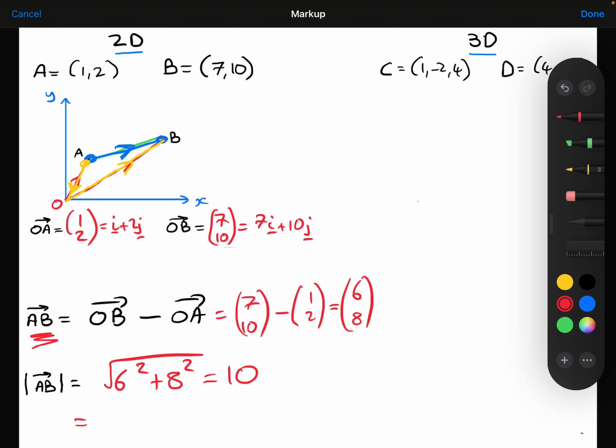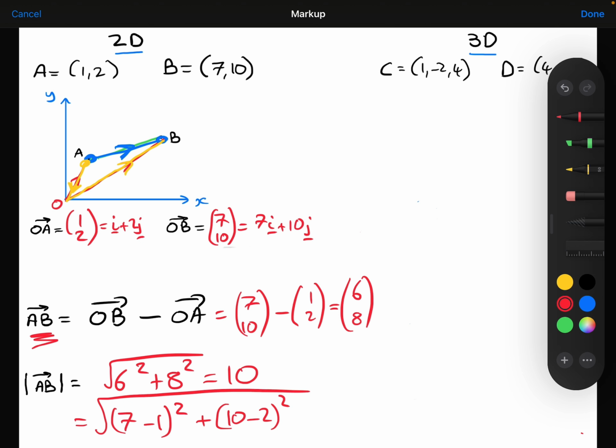Or let me just remind us where that 6 and the 8 came from. The 6 came from the 7 minus 1. The 8 came from the 10 minus 2. And hopefully you'll remember, this is ringing some bells from the work we've done on coordinate geometry before.